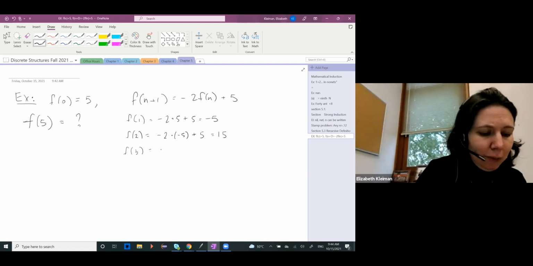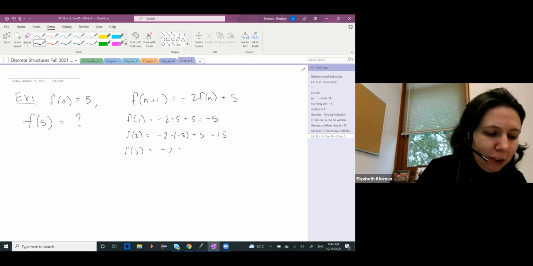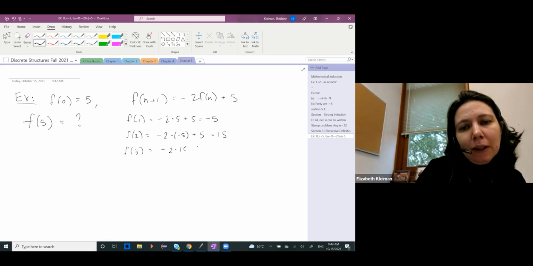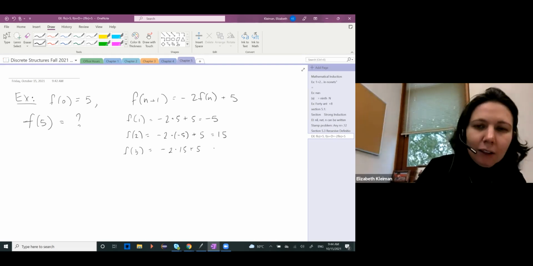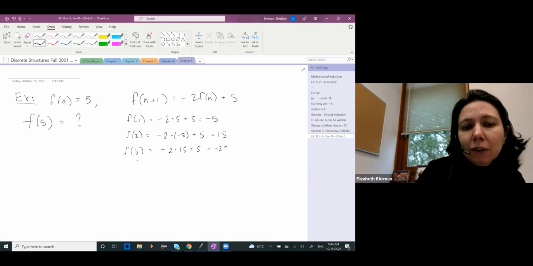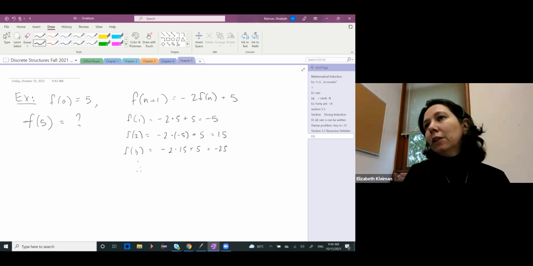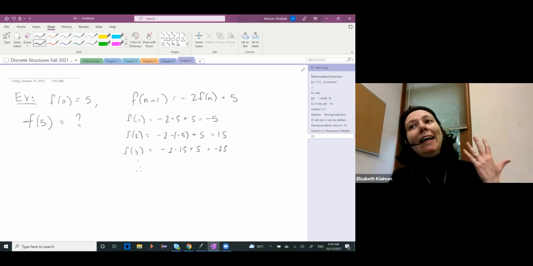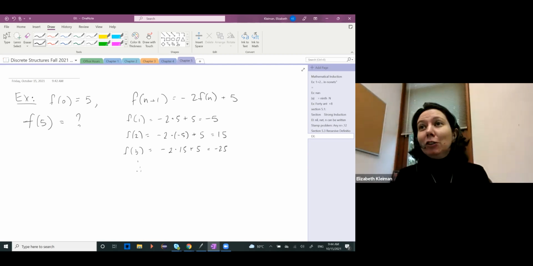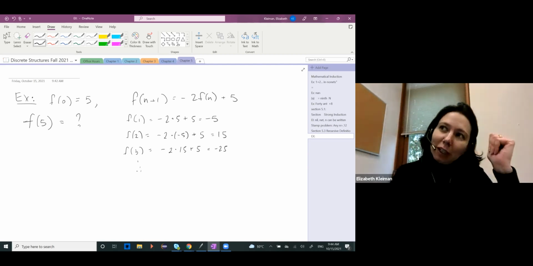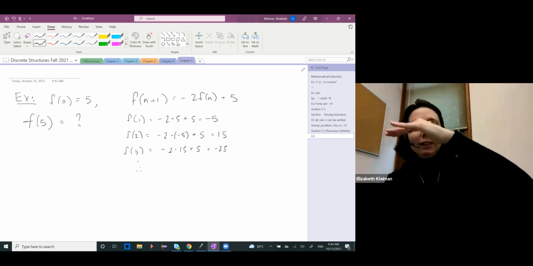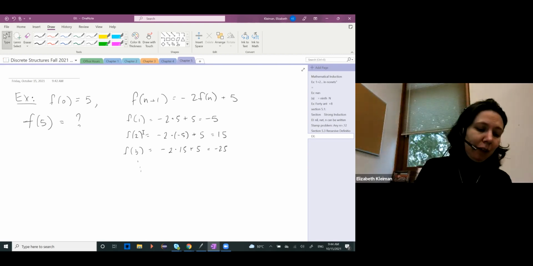F of 3 is going to be negative 2 multiplied by 15 plus 5, equal to negative 25, and you can keep on going, correct? So pretty much you can find anything you want, but as mentioned, it's going to take a while, correct? Because you're going to start from the beginning and build it one step at a time.